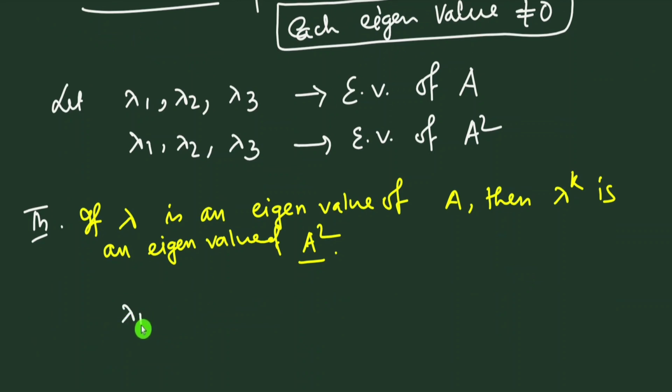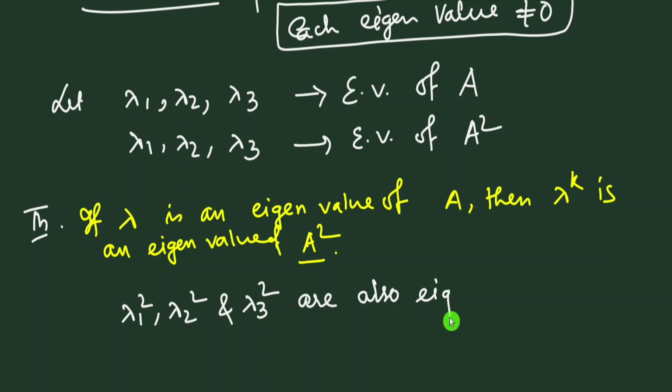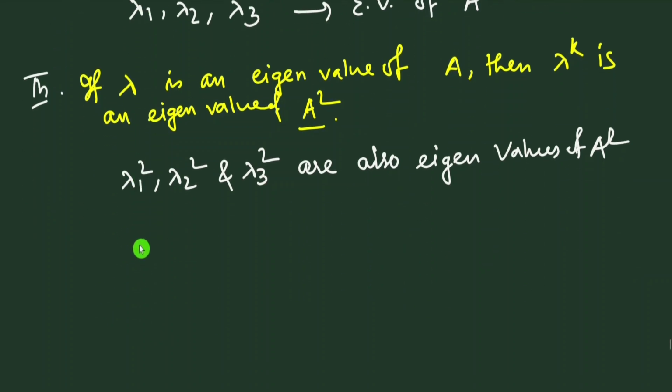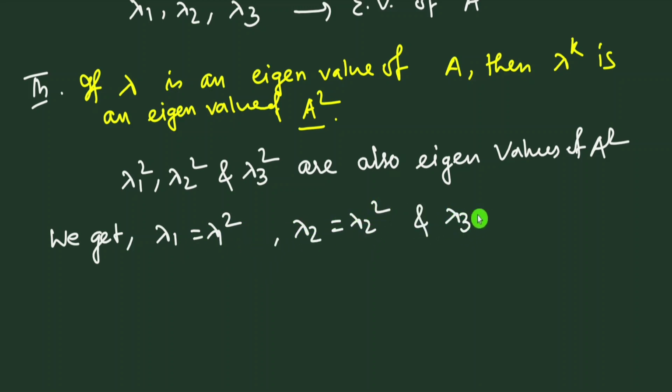Therefore lambda 1 square, lambda 2 square and lambda 3 square are also eigenvalues of A square. Therefore lambda 1 is equal to lambda 1 square. We get lambda 1 equal to lambda 1 square, lambda 2 equal to lambda 2 square, and lambda 3 equal to lambda 3 square.